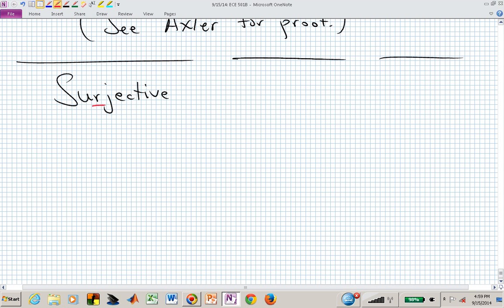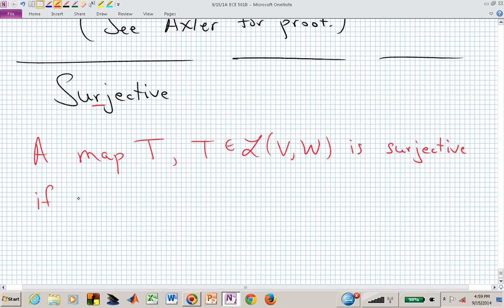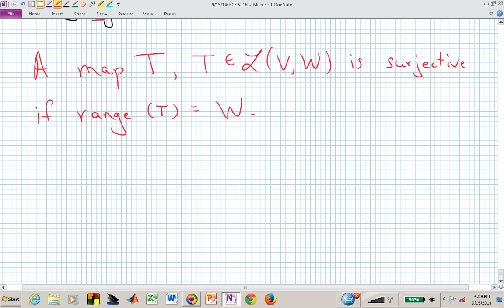A map T, and here we're assuming that T is a linear map from V to W, is surjective if the range of that linear map, range of T, actually is the entire codomain, W. Then it's surjective. Or you might hear people call that surjective onto. It covers the entire codomain.